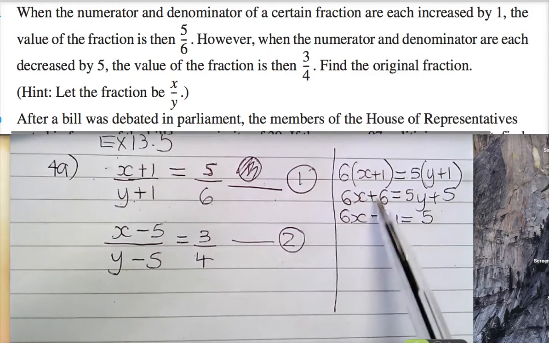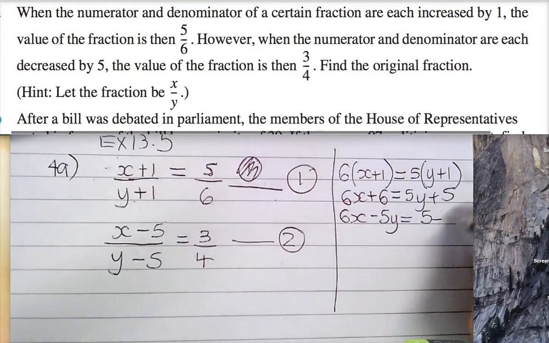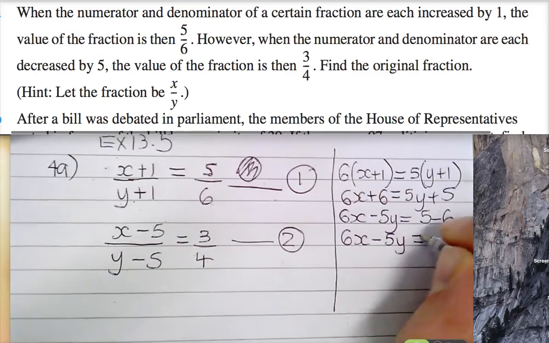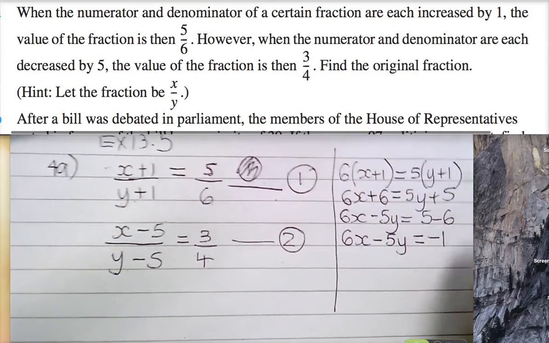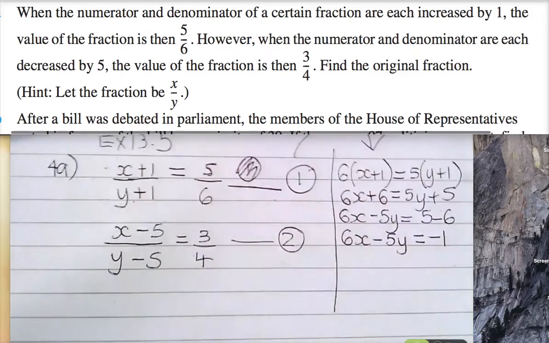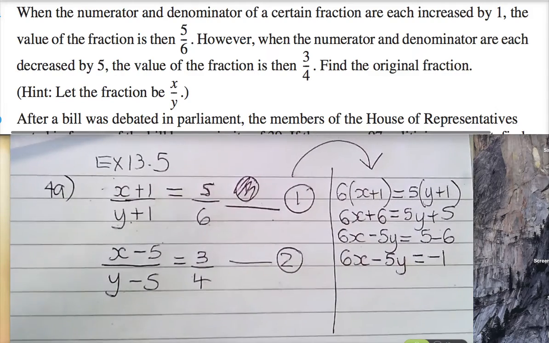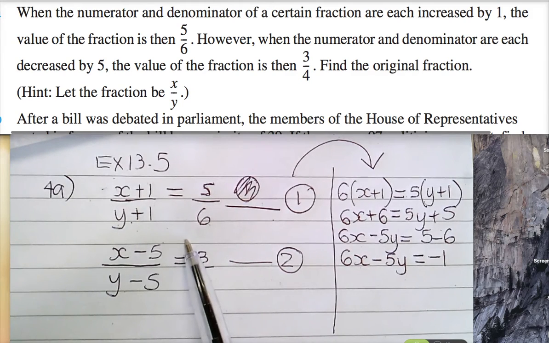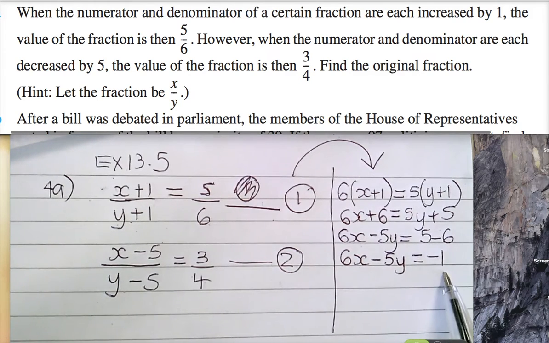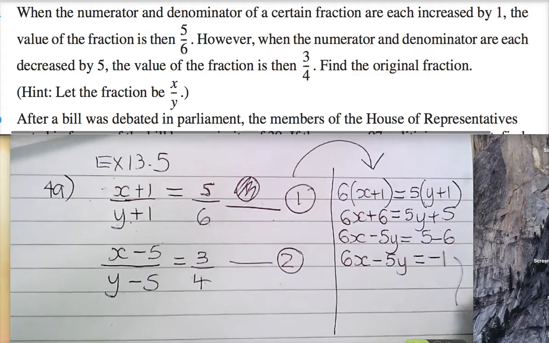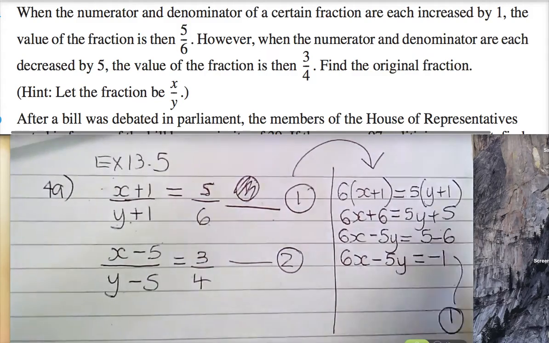And what do I do with this plus 6? Minus 6. So my first equation is 6x minus 5y equals -1. That's equation 1. Now it looks like something you're used to seeing. I'm going to call that equation 1 again, because that's the one we're going to use.